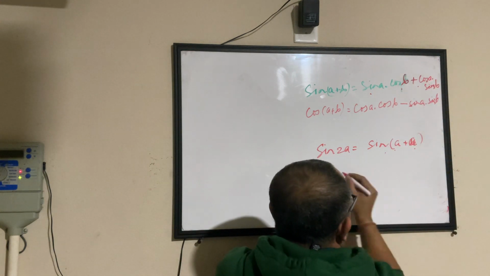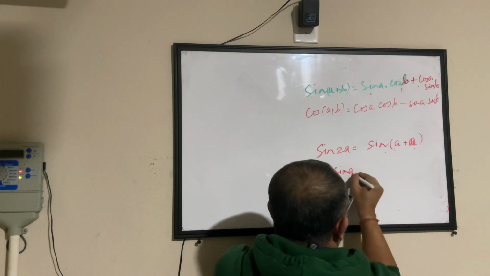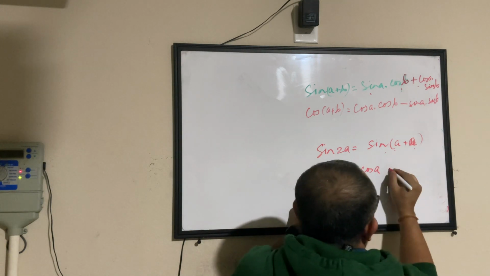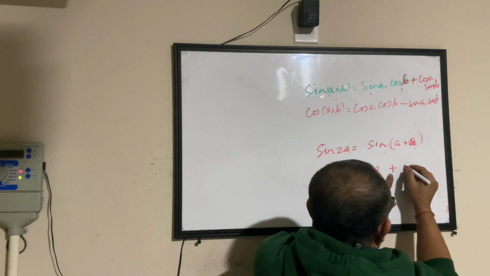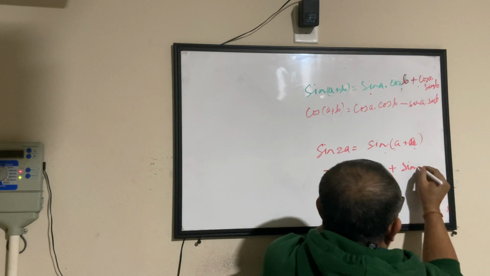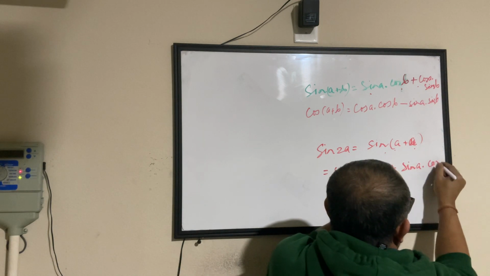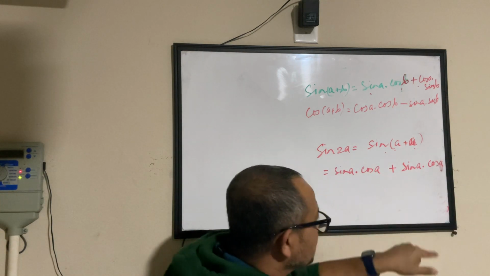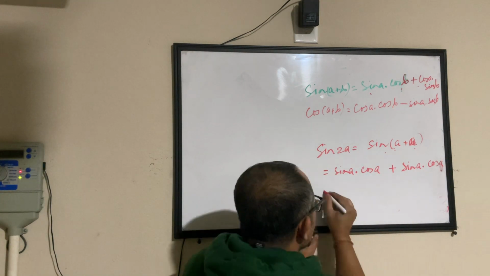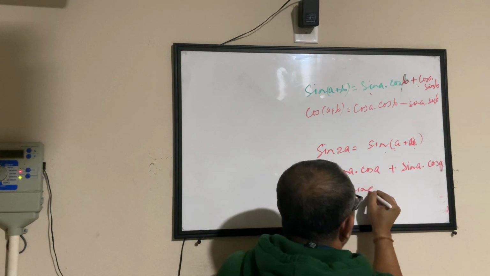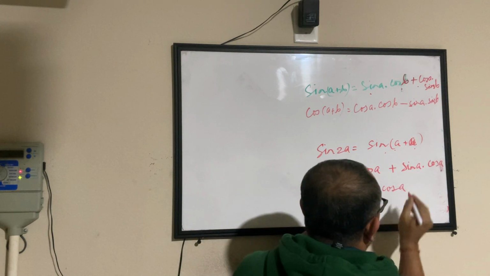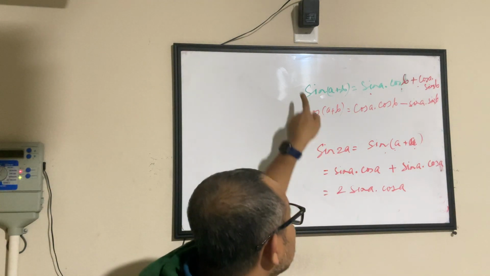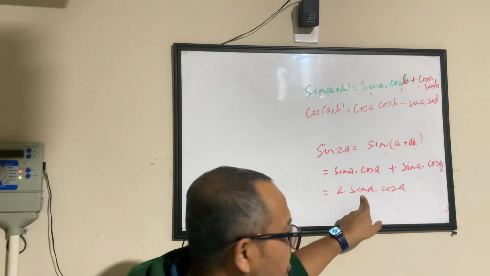So sine of a times cos of b, your a and b are same, plus cos of a times sine of b, again your a and b are same. So it becomes 2 times sine a cos a. Sine of 2a equals 2 times sine a cos a. You just apply the formula and you were able to get this.